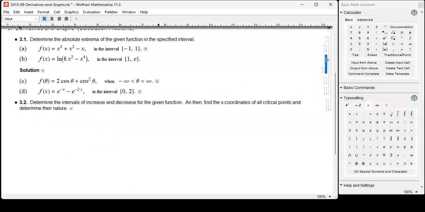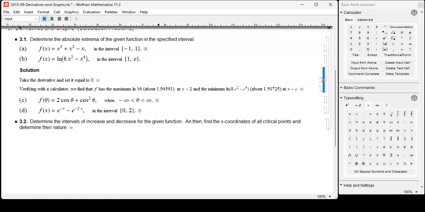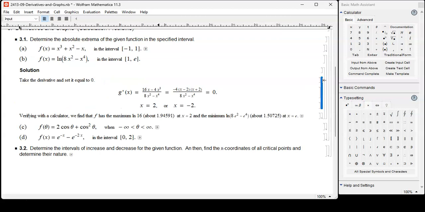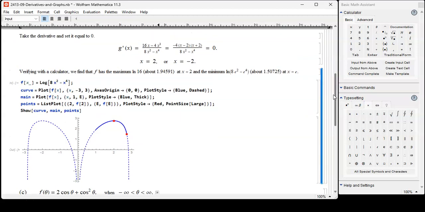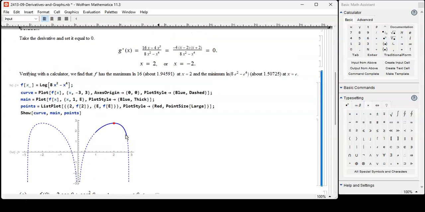Let's see, what do I have in my answer key? Take the derivative, set it equal to 0. I have positive or negative 2, but only positive 2 is a valid solution in my domain. And then absolute maximum log of 16 at x equals 2, and then absolute minimum like that.